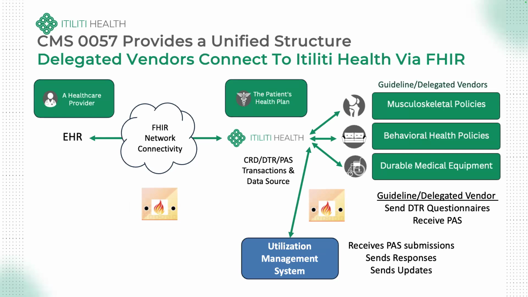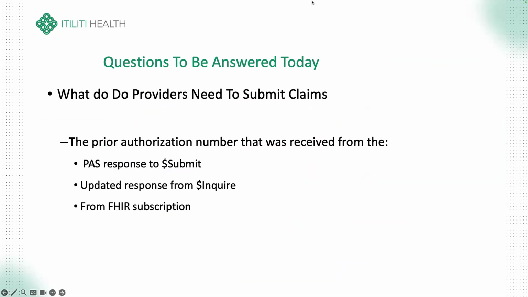So in today's world, most organizations' utilization management systems already have a method of giving those prior authorization numbers to the claim system so that claims can be paid based upon a valid prior authorization number. So that helps get that prior authorization number back through to the claim system, so that when a claim is submitted, a valid prior authorization number is what is circled back to get that claim paid.